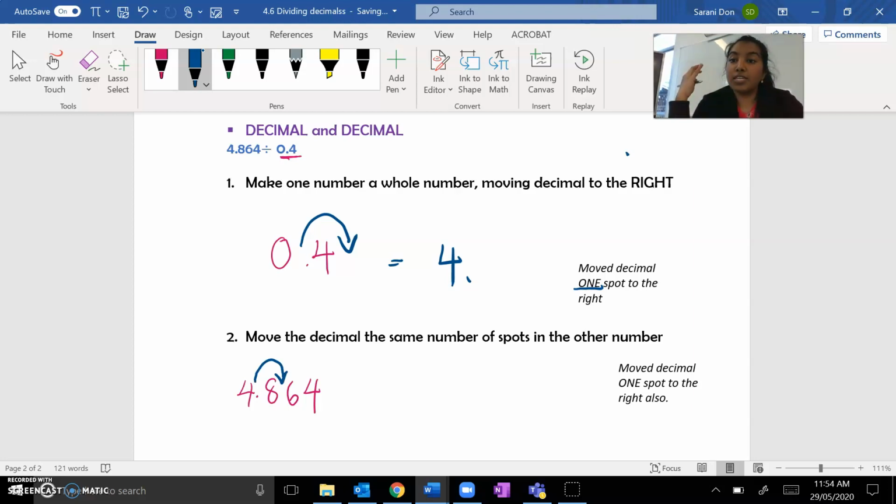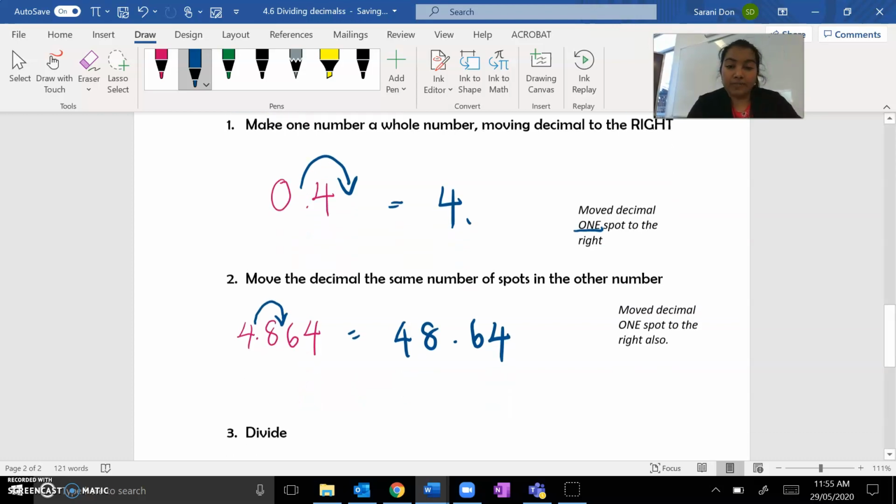Whatever you do to the first number to make it a whole number, you have to do to the other one as well. So this will now become 48.64. Move the decimal one spot to the right also. Now these are the two numbers that I'm going to divide with.